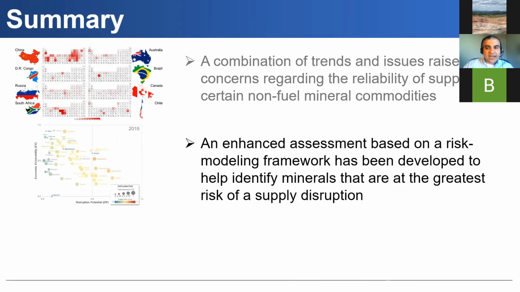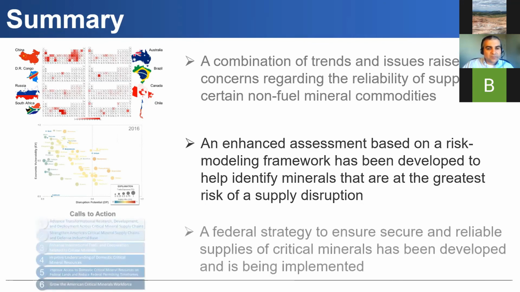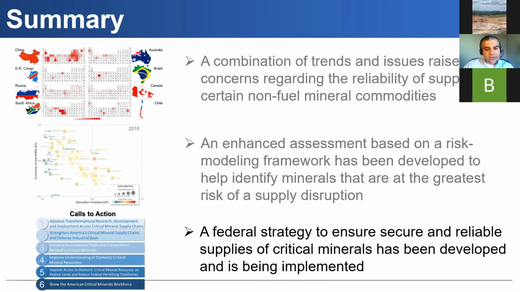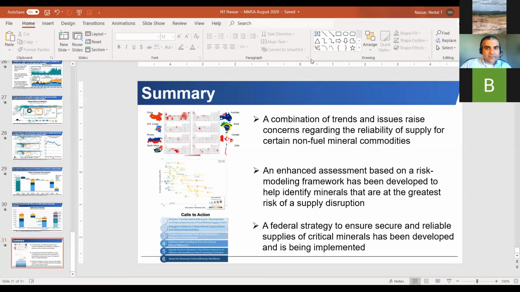We've developed an enhanced methodology to help us identify which commodities are of greatest concern using a risk modeling framework. And there's a federal strategy out there, an all-of-government approach to tackling this under 6 calls to action, that's currently being implemented. So I will stop there and get Betty and Susan to maybe help me field some of the questions that are out there, and we can go from there.